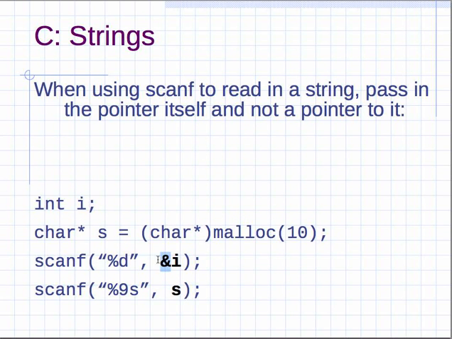So scanf changes i. It reads in an integer from the keyboard user and puts that into i. Hope that makes sense. You've seen this before. This is basically how you would change something that's passed in as a parameter. Of course, we're passing in an address to the thing you want to change.